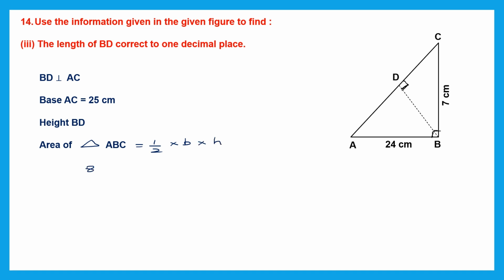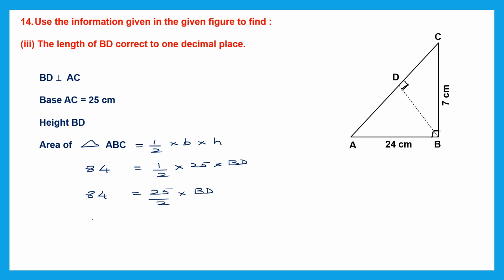We found out to be 84 centimeters square. And this is going to be half into the base. And this time the base is 25 and the height is BD, which we don't know and we are going to find. So here there's nothing that we can cancel, isn't it? So we're going to write it as 84 equals 1 into 25 is 25 by 2 into BD.